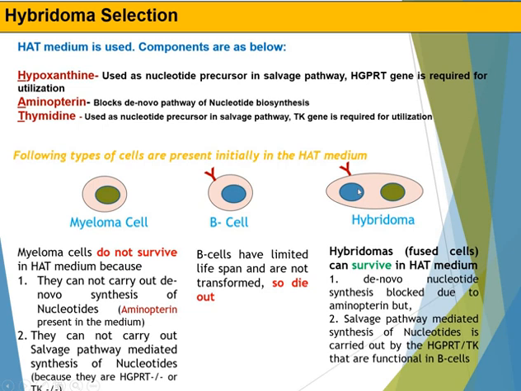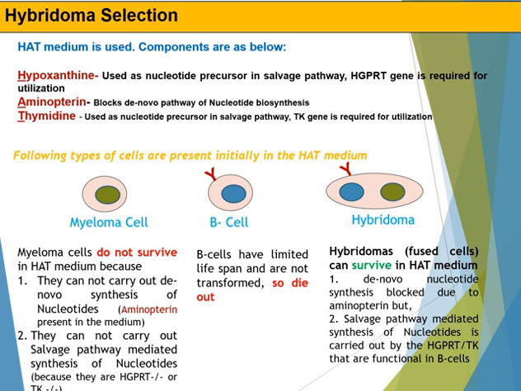But it has also got the nucleus of the B cell. Nucleus of B cells means the genes of B cells, right? And in the B cell, the HGPRT and TK both are functional. So the hybridoma can actually utilize hypoxanthine and thymidine for synthesis of nucleotides by the salvage pathway.